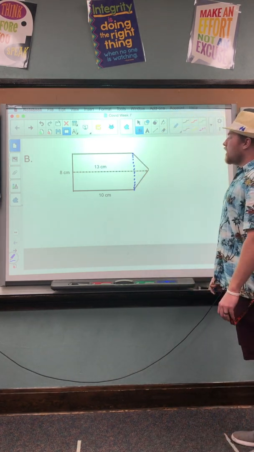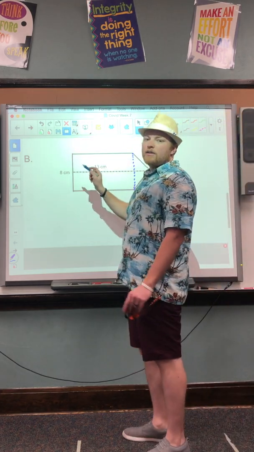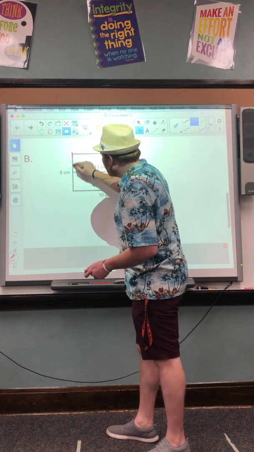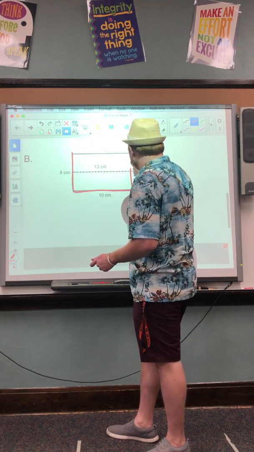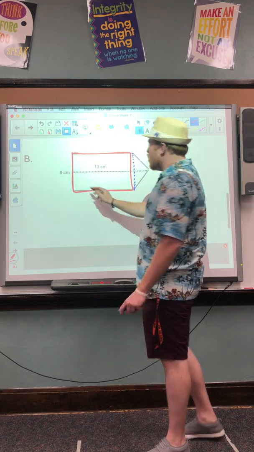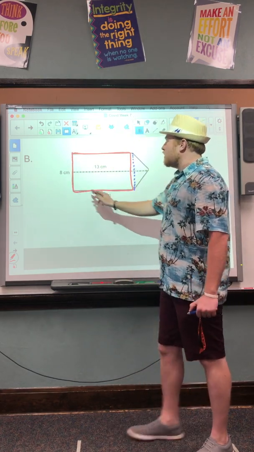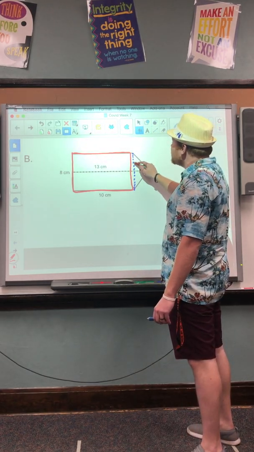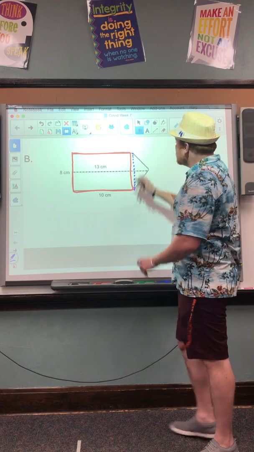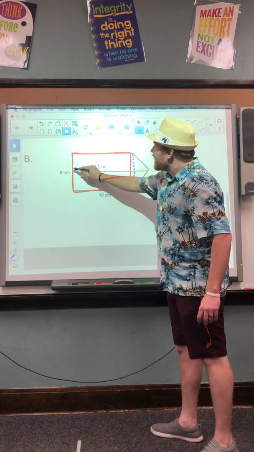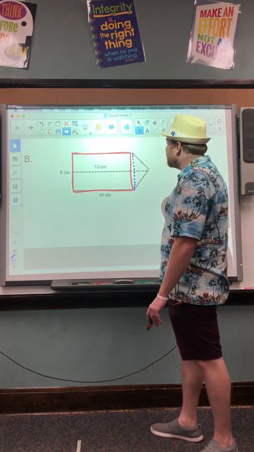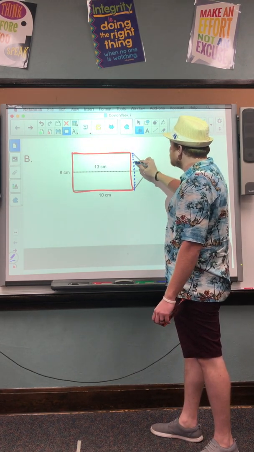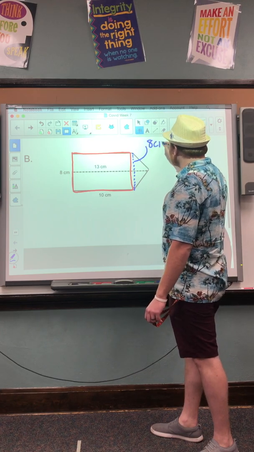Now looking at your rectangle, not a square, your rectangle. From all this right here, I won't go over the blue, you know that the length is 10 centimeters and the width is 8 centimeters. Now looking at the triangle, since this blue part is the same length as the width of the rectangle, you know that this dotted part would be 8 centimeters for your base.